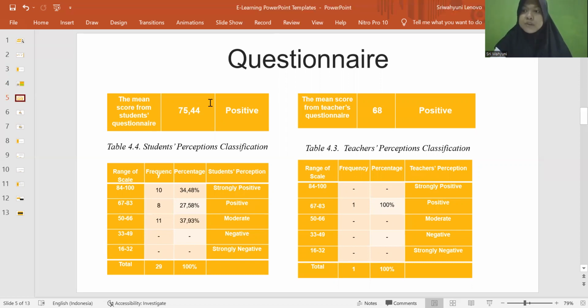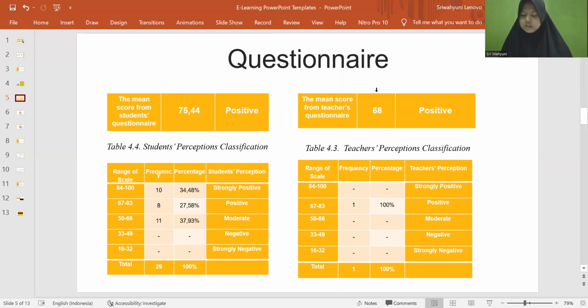From this table you can see that the mean score from students questionnaire is 75.44, classified as positive, and the mean score from teachers questionnaire is 68 and classified as positive.